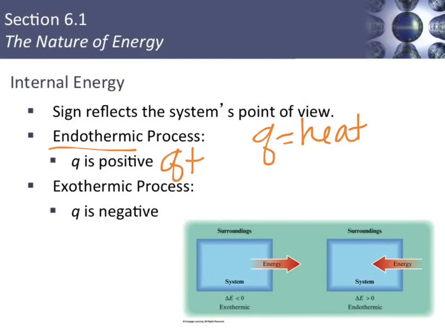And if Q is negative, then it's an exothermic process. So endothermic, positive Q; exothermic, negative Q, which should be reviewed from pre-AP, except we didn't call it Q then.